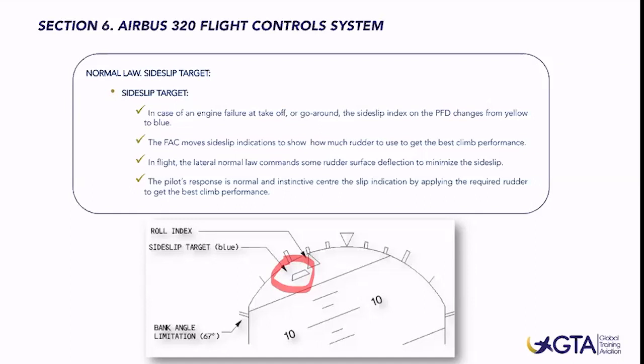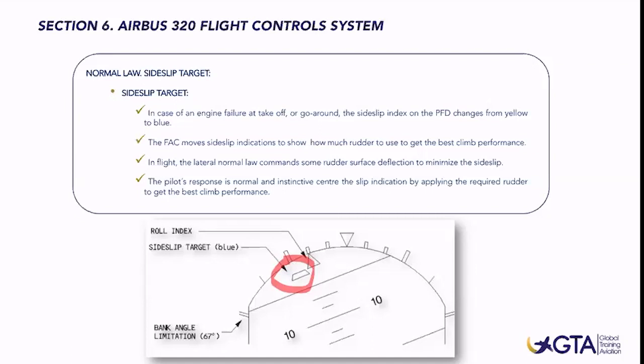We usually get this sideslip in case of engine failure during takeoff, or in case of a go around with a single engine. This sideslip target will change to blue color if we are in configuration 1, 2, or 3, and any of the engines' N1 is above 80%, or one thrust lever is above MCT, maximum continuous thrust, or when the difference between engine N1s exceeds 35%.